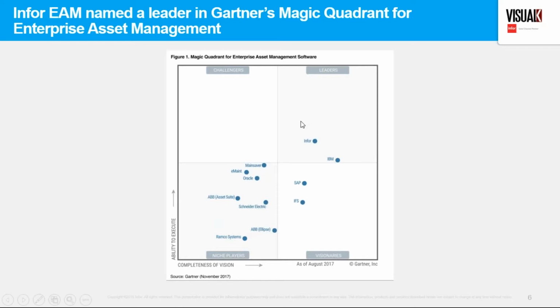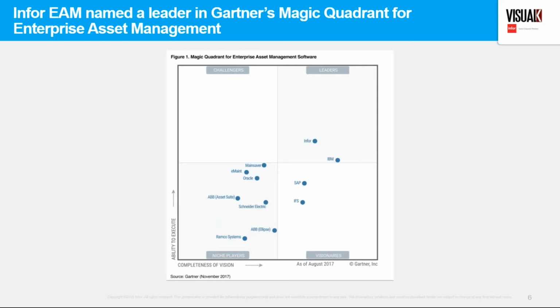As far as Infor EAM, the software, right now it has been recognized as a global leader according to Gartner's latest survey, which was published in November of 2017. So we are in what they call the magic quadrant, which is that area in this graph.